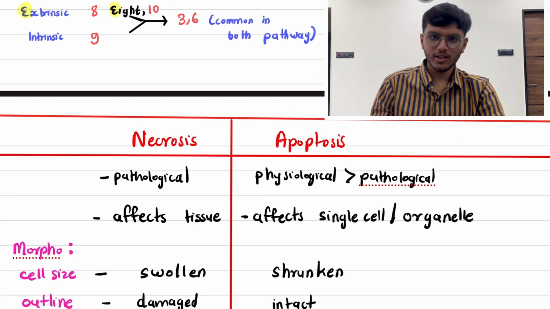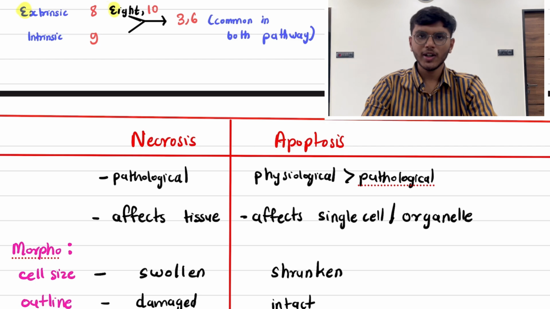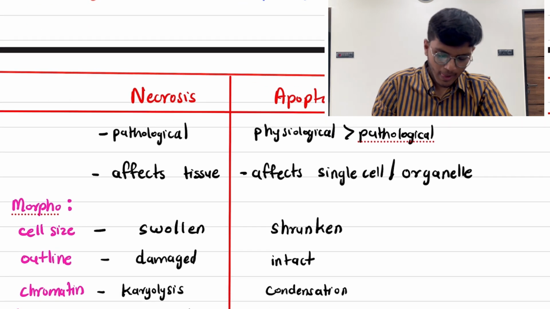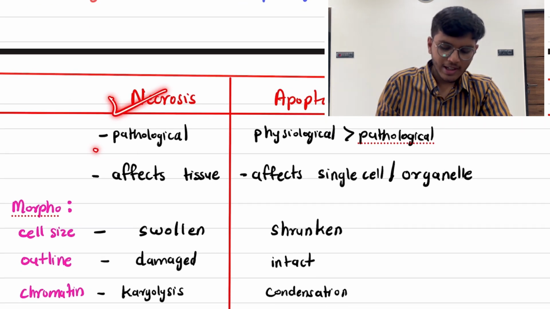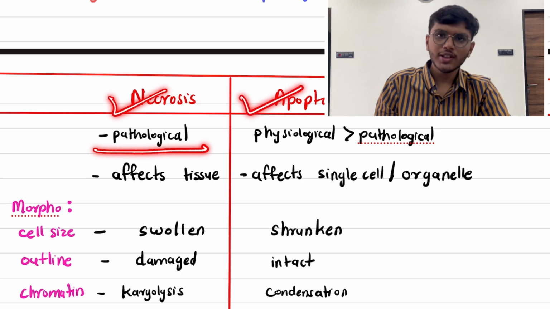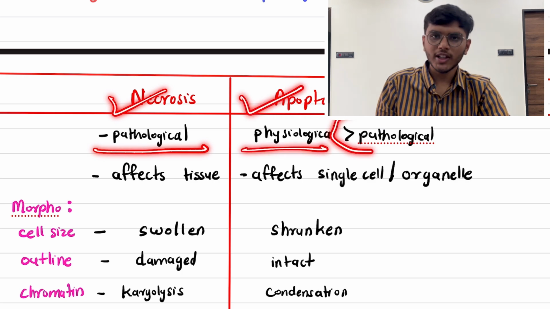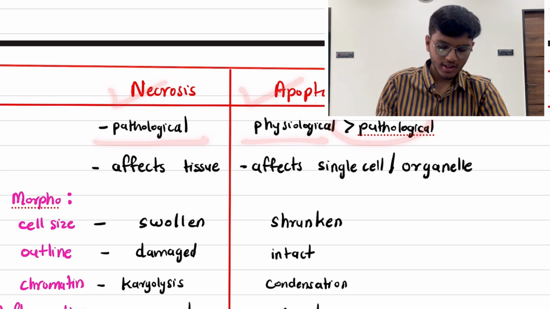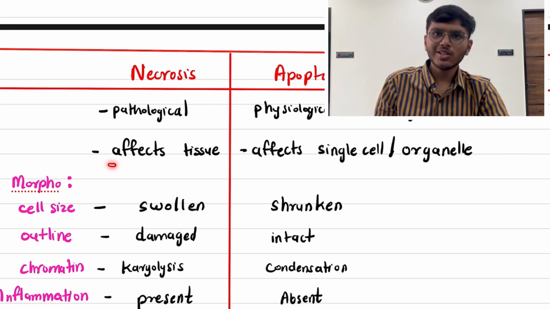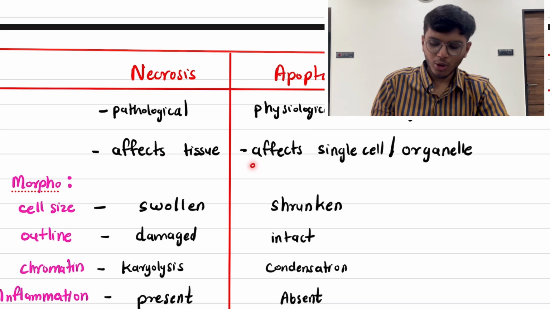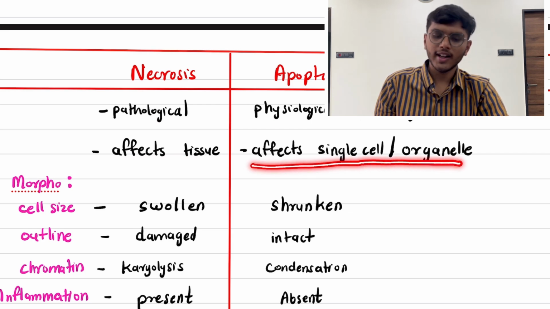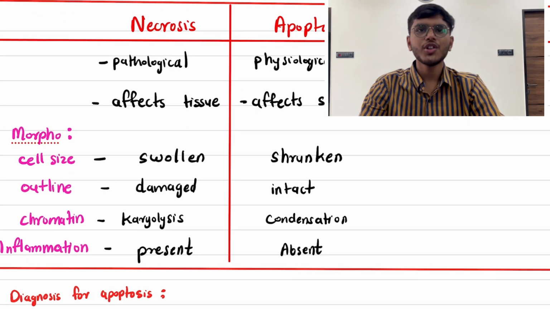So we will see briefly differentiating factors between necrosis and apoptosis. So necrosis is mainly pathological and apoptosis is mainly physiological, but pathological examples are also there. Necrosis affects tissue and apoptosis affects single cell or organelle. Now the morphological changes.